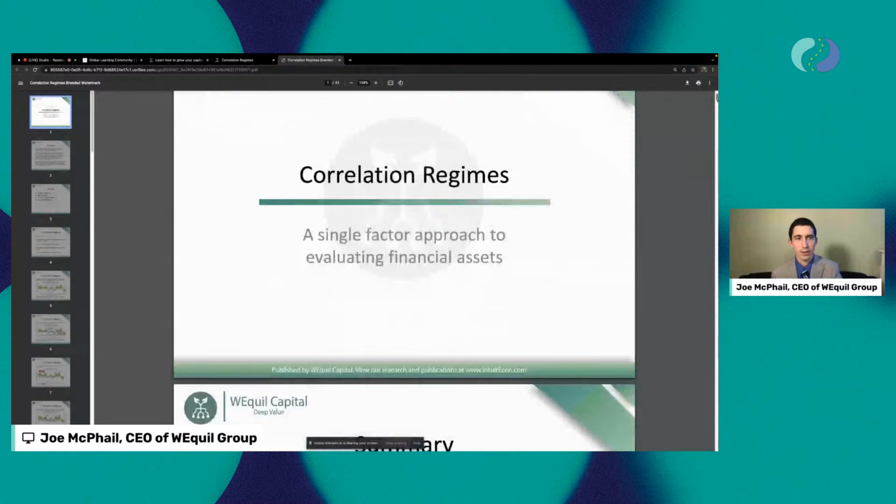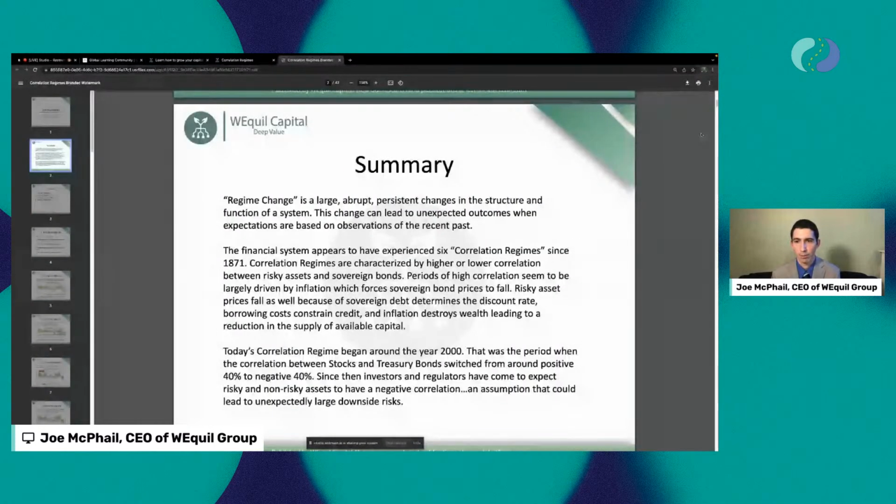So here's the background for this presentation: a study of the correlation between stocks and bonds going all the way back to 1871. During that period, there were 6 correlation regimes, which are effectively changes in the relationship between stocks and bonds.